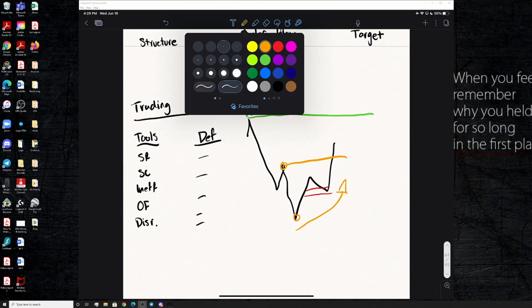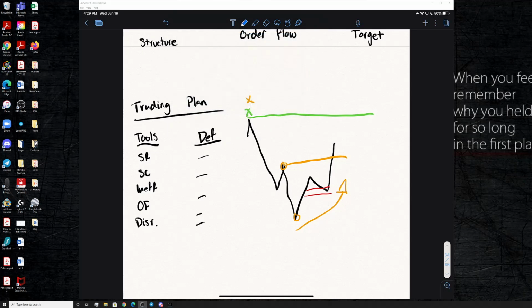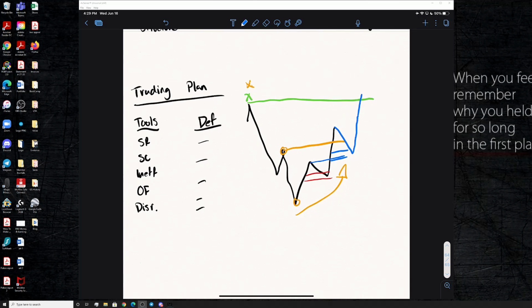So in simple terms, I'm aiming for the continuation of price to meet that requirement. So I now have a bias based on structure, order flow, and any target that is set. So you see how I'm trying to essentially give you a type of blueprint as to how you could go about creating the style that you're wanting to trade, right?